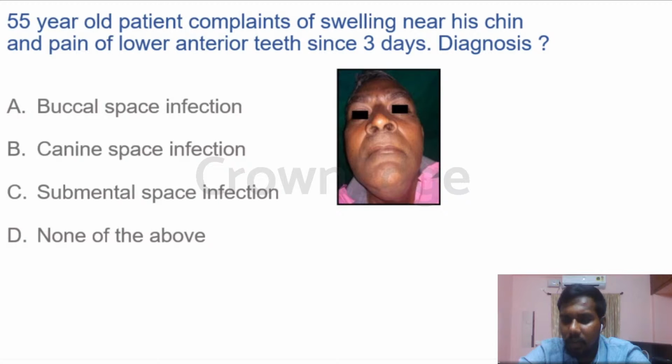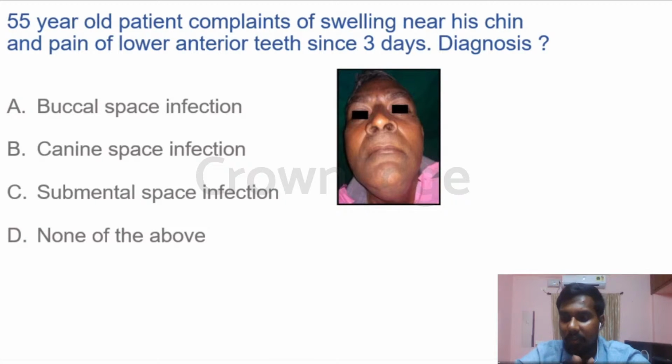Infection spreads to which space exactly? Lower anterior teeth infection spreads to submental space. So the answer is submental space infection.